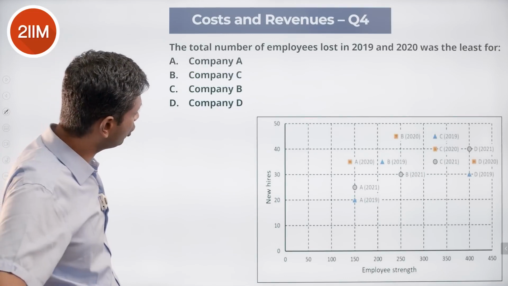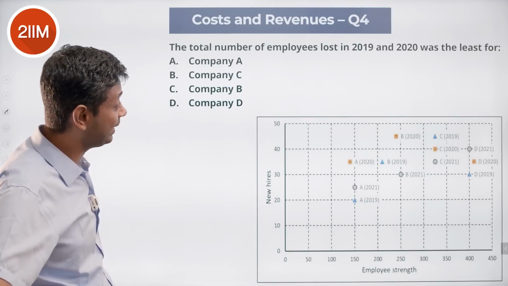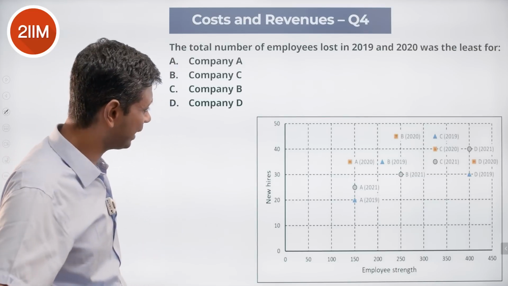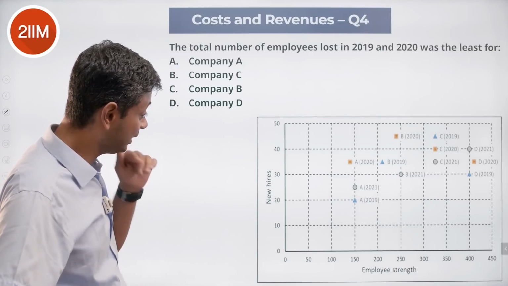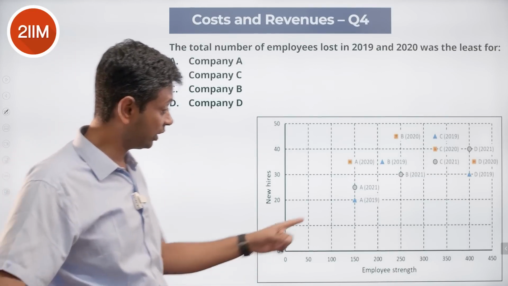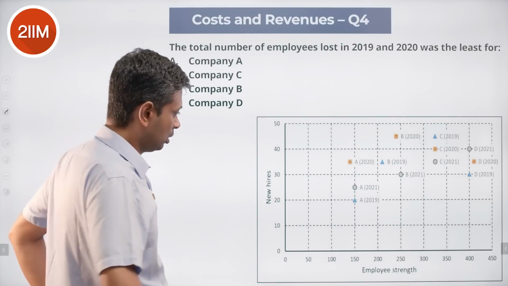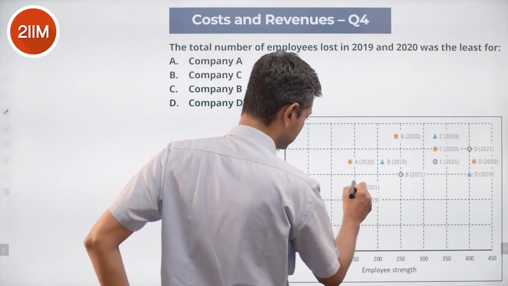The total number of employees lost in 2019 and 20 was the least for which company? Lost in 19 and 20. So think about 19 to 21. Beginning of 19 to beginning of 21. And so this is flat.